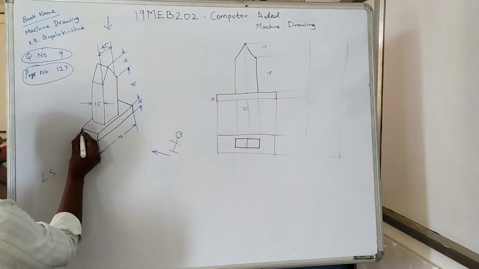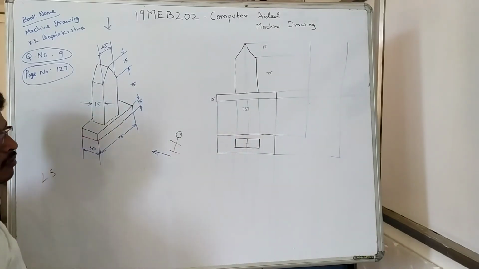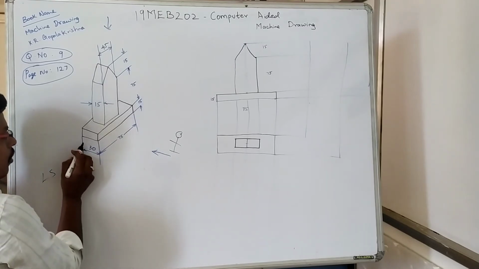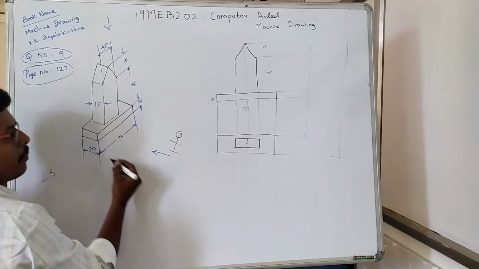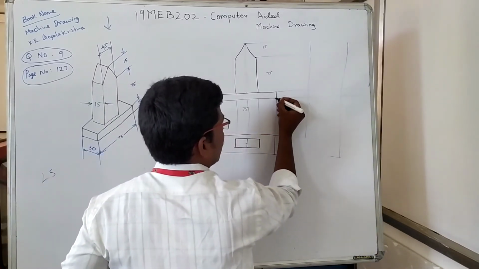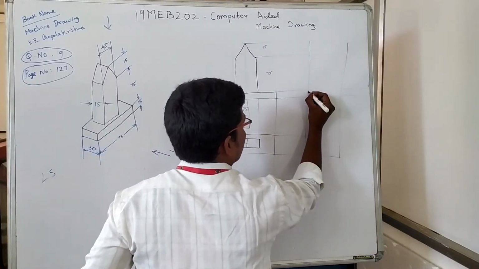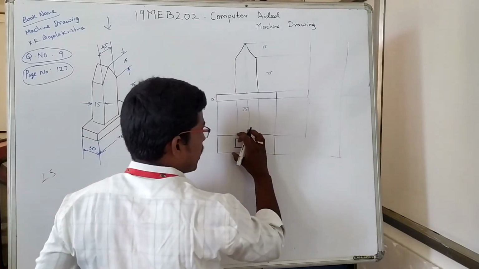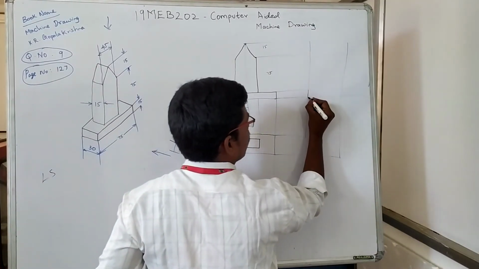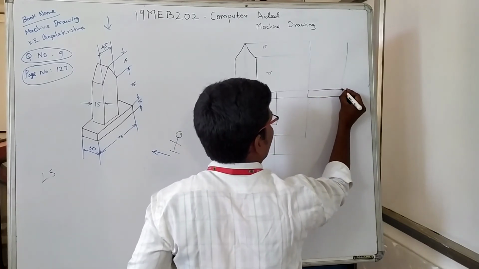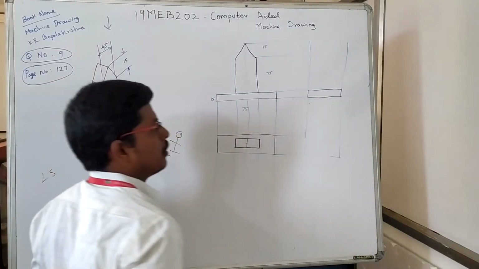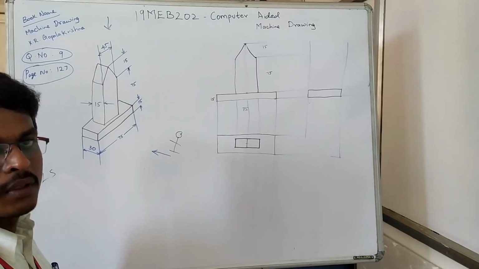So this small box is visible with a thickness of 30 millimeter and a height of 15 millimeter. So I can take the height from the front view, I can take the thickness from the top view. So I can easily attain the side view thickness.